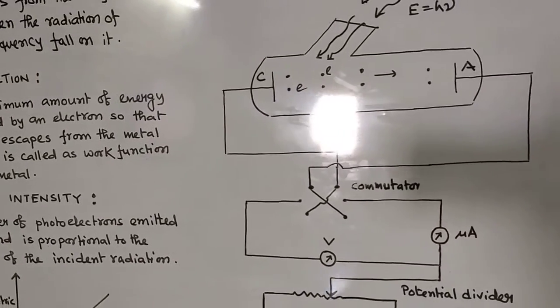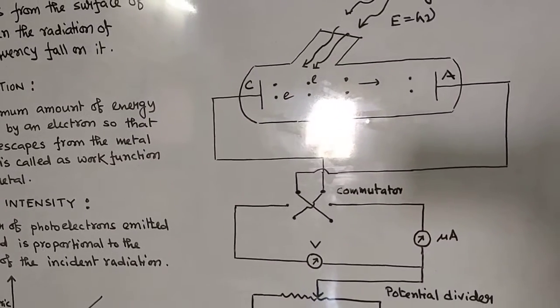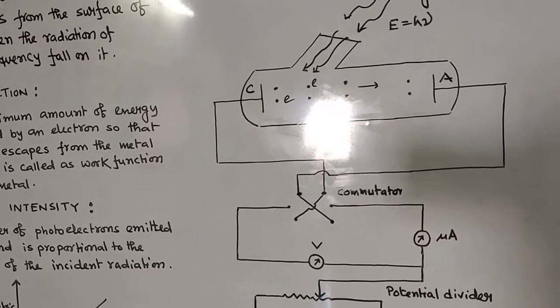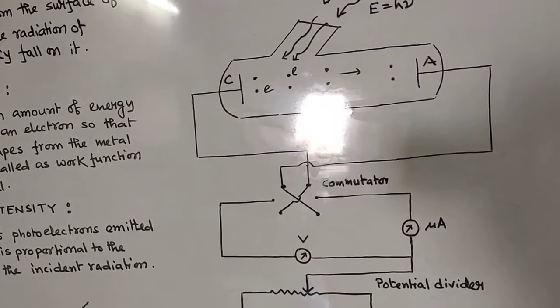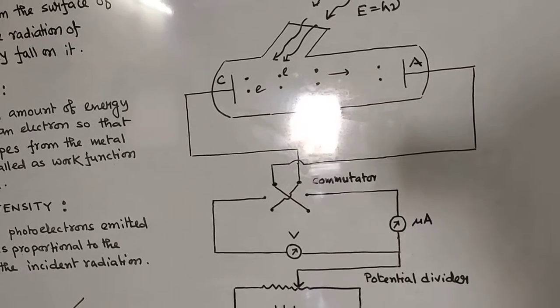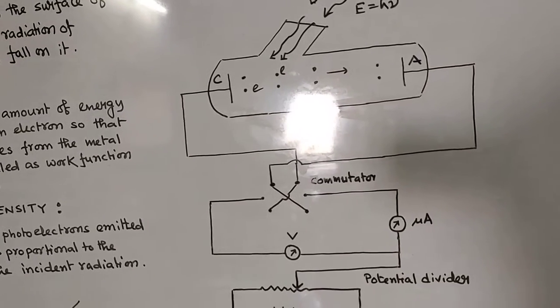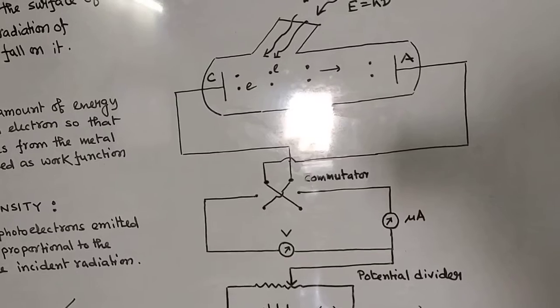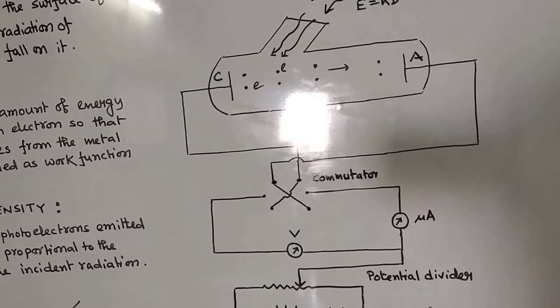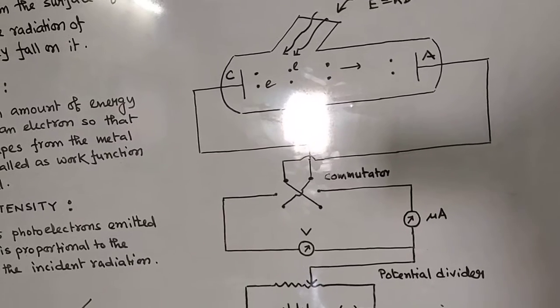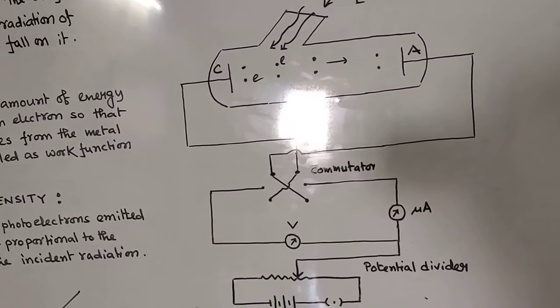Now if we increase the negative potential of the cathode and increase the positive potential of the anode, more electrons will get attracted. But if we decrease the potential of the anode, meaning lower potential for the anode and higher potential for the cathode, what happens? Fewer electrons will move towards the anode.